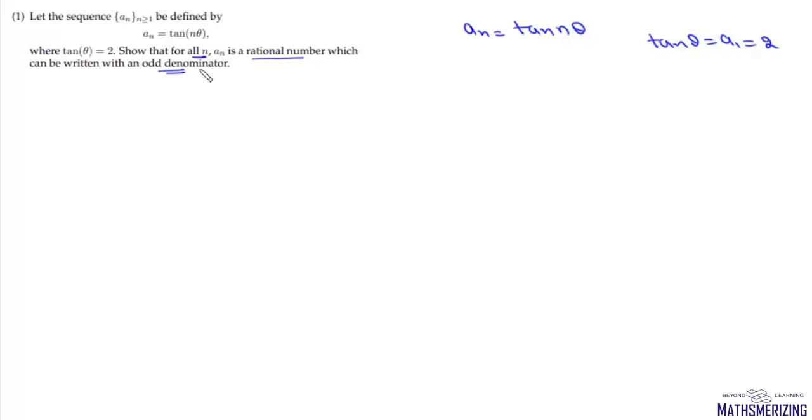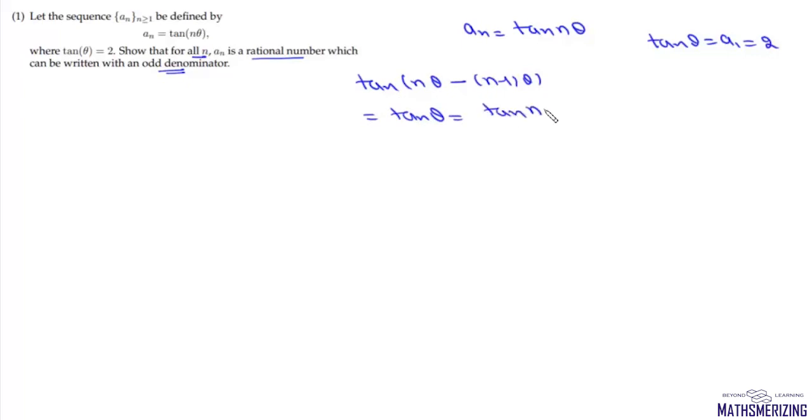denominator. So what we can do is, we can write tan theta as tan(n theta minus (n minus 1) theta), and we can write this as (tan a minus tan b) upon (1 plus tan a tan b).